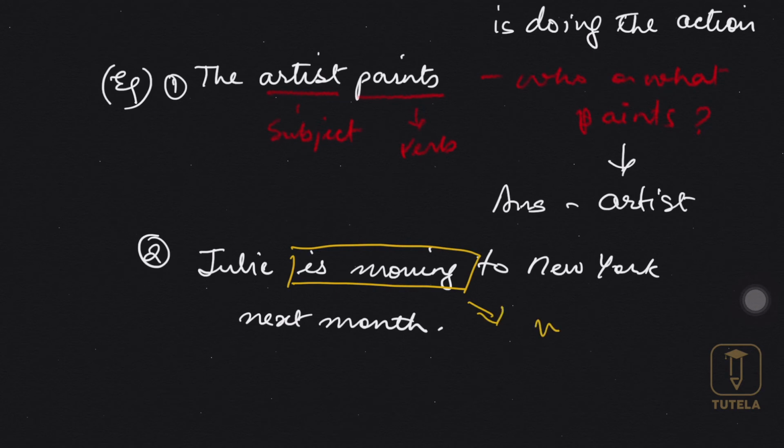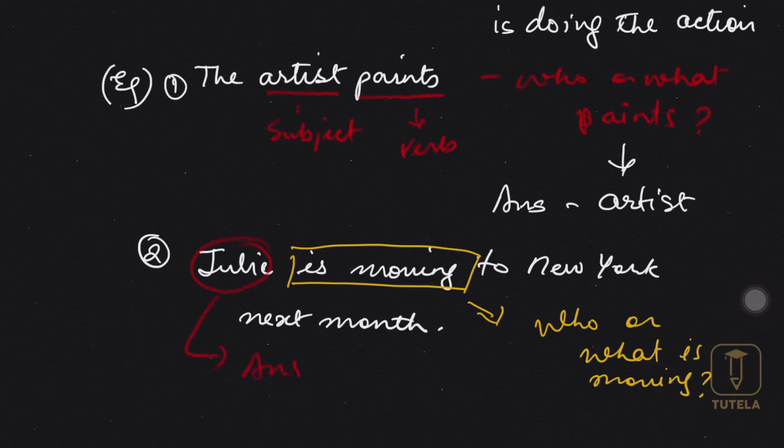Now let's ask the question. Who or what is moving? The answer will be Julie. Julie is moving to New York next month. So this is a very effective way of identifying the subject in a sentence.